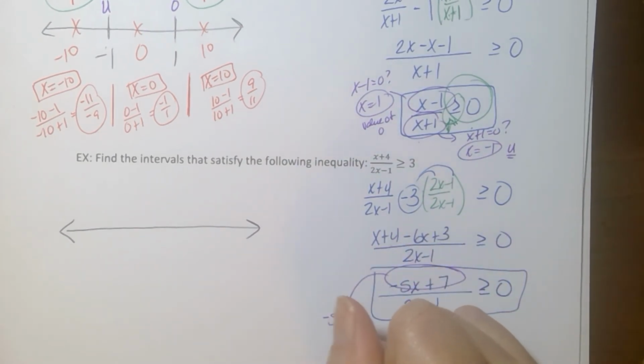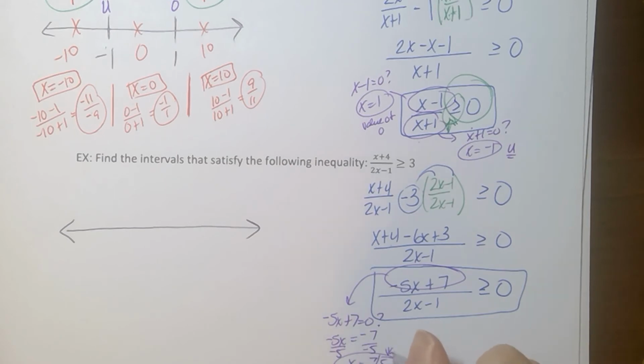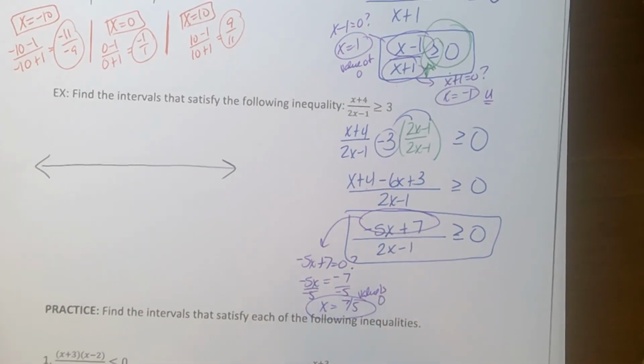So I want to know negative 5x plus 7, where is that equal to 0? I move that 7 over, so I have negative 5x is equal to a negative 7. And then when I divide both sides by negative 5, I get x equals a positive 7/5. This is where my function value is 0, positive 7/5.